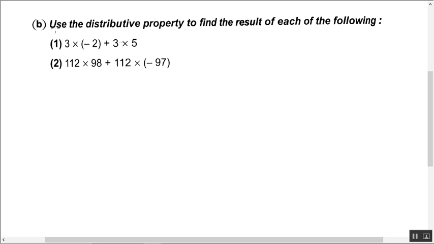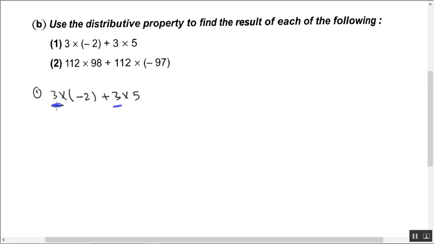Question number B. He said use the distributive property to find the result of each of the following. Here we have number 1. He said 3 times negative 2 plus 3 times 5. What we can do in this situation, we can see here we have 3 and here also 3 in both sides.